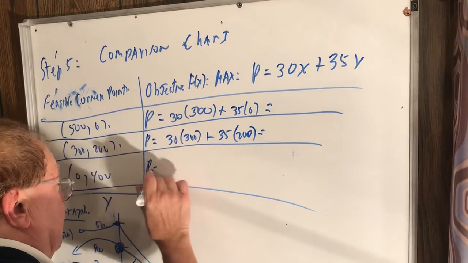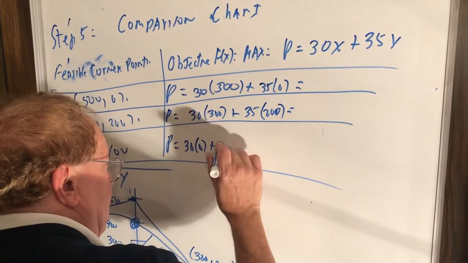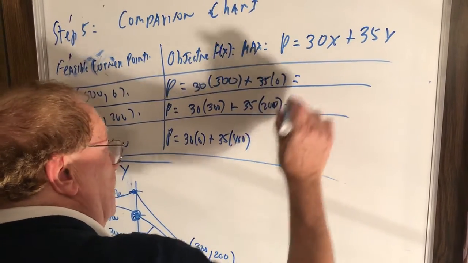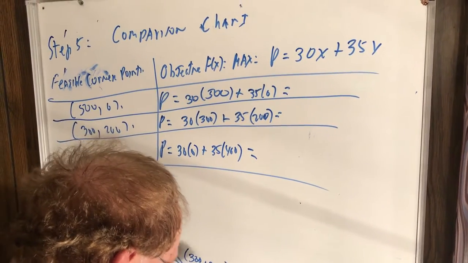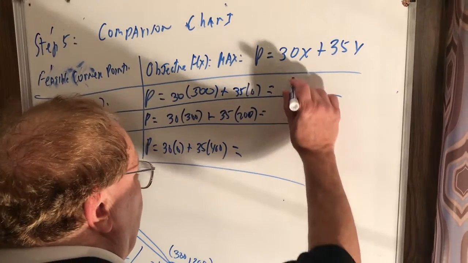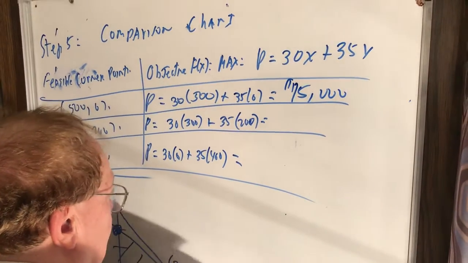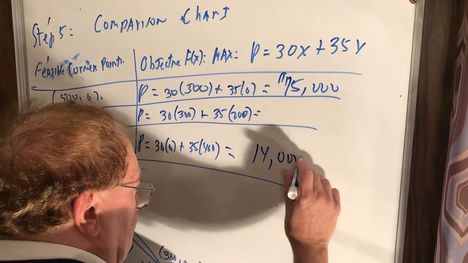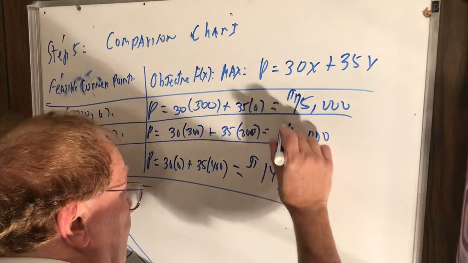And P equals 30 times 0 plus 35 times 400. Okay, so for the first one, when we do it out, we get $15,000. When you do this one out, you get $14,000. And this one is $16,000.